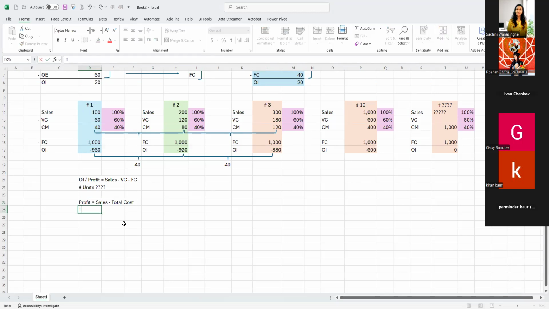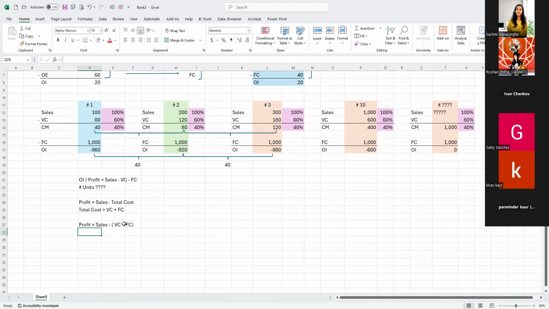We already know that the total cost is equal to variable cost plus the fixed cost, correct? So profit is sales minus variable cost plus fixed cost, correct?